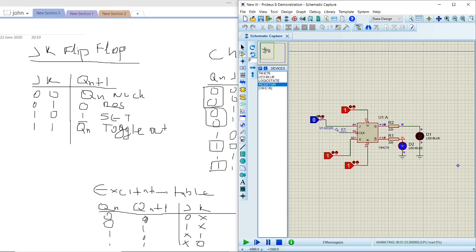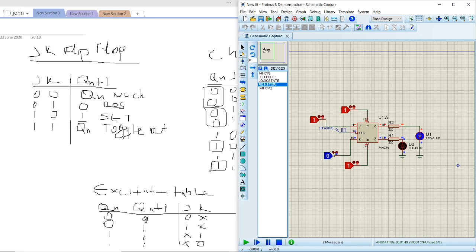And the other way around, if K is 0 and J is 1, it gives you 1, which means Q is high, and you can see the LED of Q is high. Again, if both are 0, we don't have any change, we have the memory, so it's going to remain regardless of how many clock cycles pass.